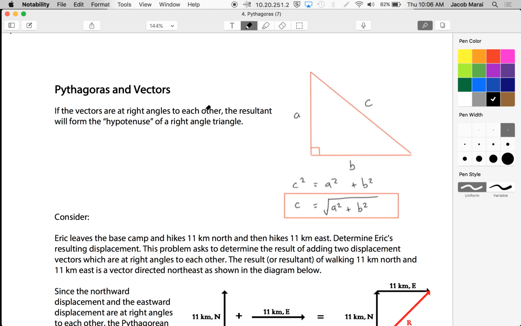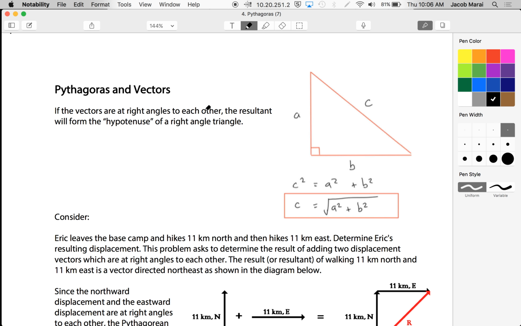Pythagoras, vectors. Okay? Well, yeah, okay. There's no need to shout out. Now, gentlemen, if we are given, have a look at the page, if the vectors are at right angles to each other, then essentially when you do the tail to top method, the resultant becomes the hypotenuse. So on this diagram, you would have gotten this in maths.